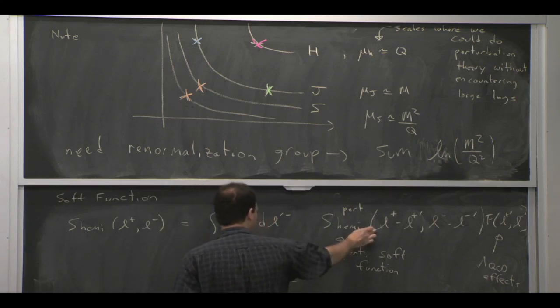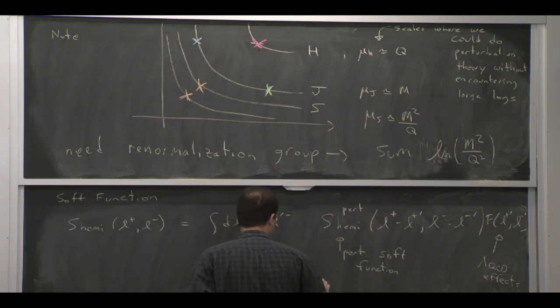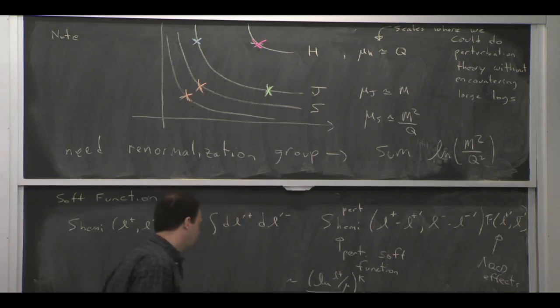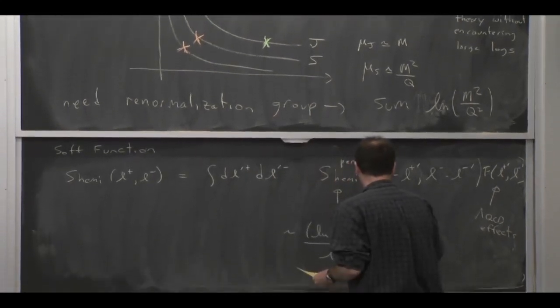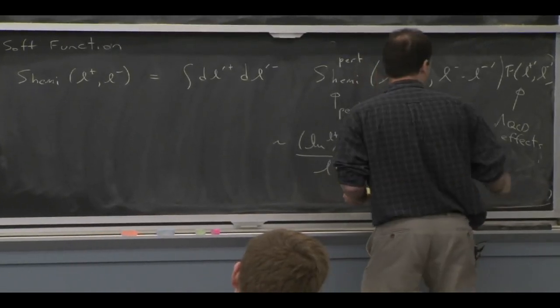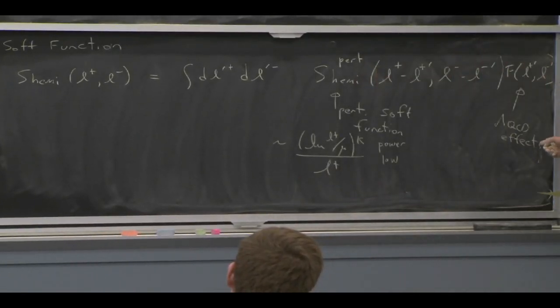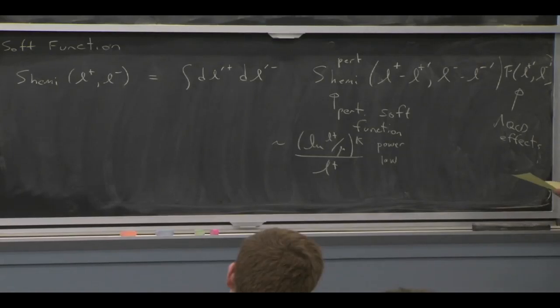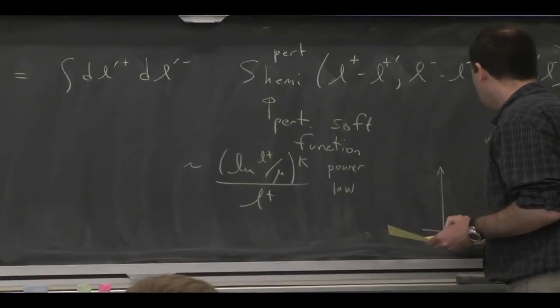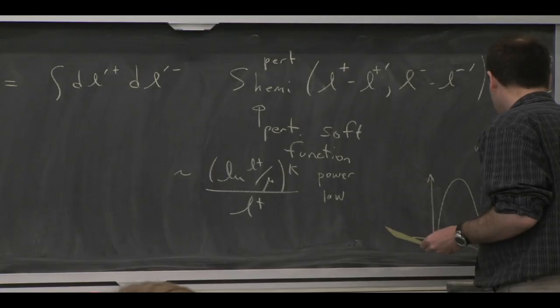So the kind of dependence that you're getting is some logs over an L plus. And that's called the power law, since it goes like 1 over L plus. Whereas these effects here that are non-perturbative live down at non-perturbative momenta, and you can actually prove that they have an exponential tail.